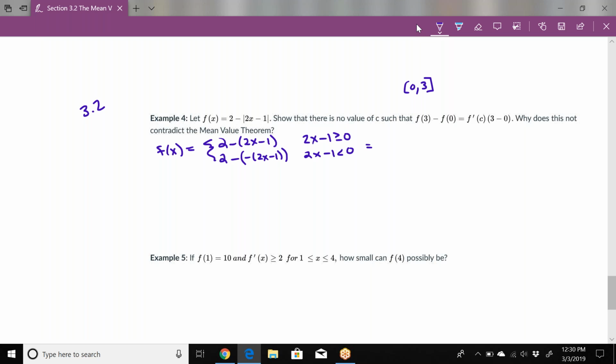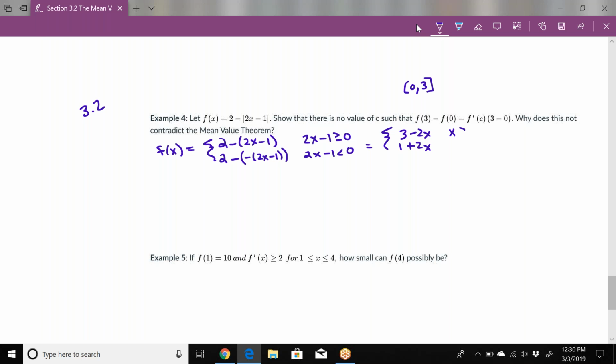Now we want to clean that up a little bit. So this is going to be 2 plus 1, so that's 3 minus 2x for the top one. And be careful here, this is really a plus, so it's going to be a negative 1 times negative, so that'd be 1 plus 2x. So those are my two equations. Then we'll want to solve these for x as well.